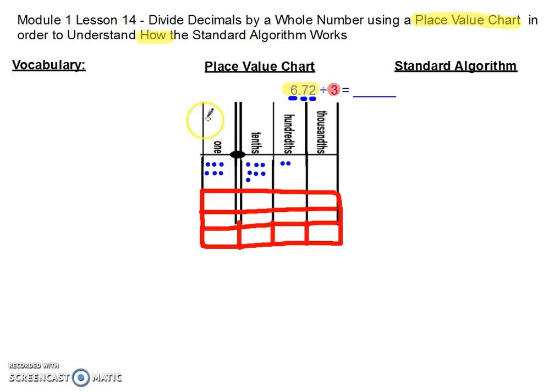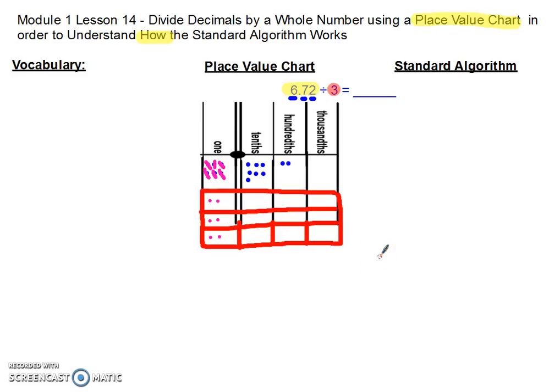I will start with my largest place value, which is ones, and I'm going to share into each of my groups. So we have 1 goes down there, 2 here, 3, and I have 3 more, so I keep sharing. And finally there.